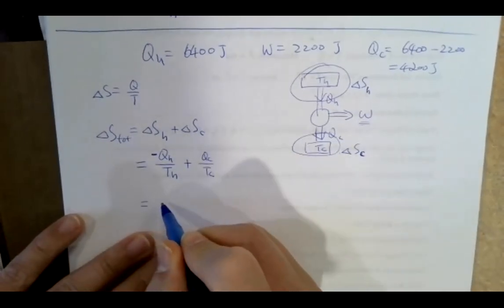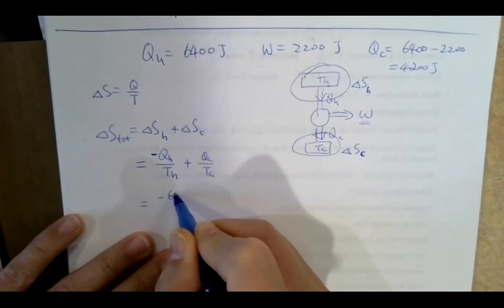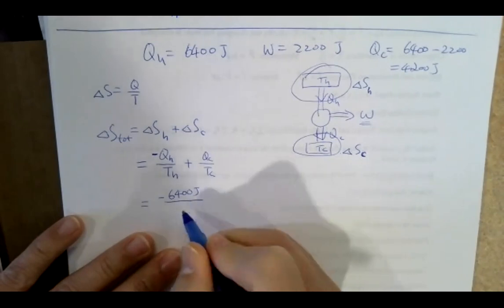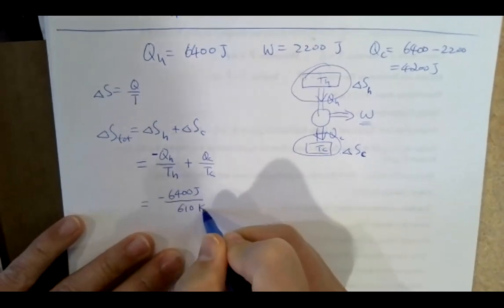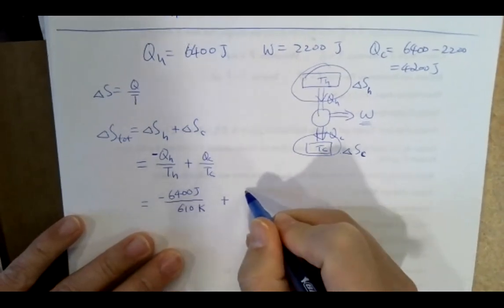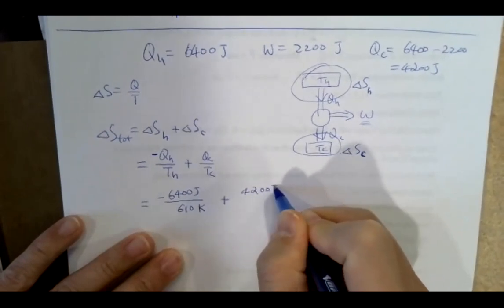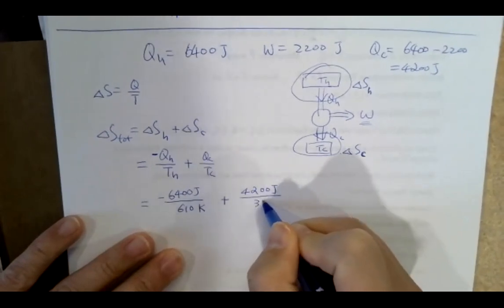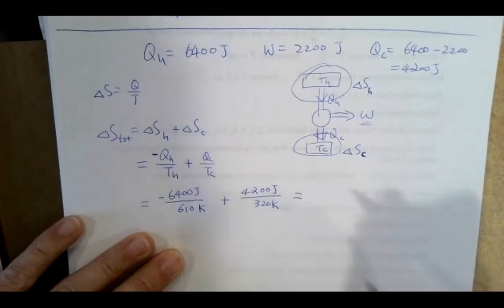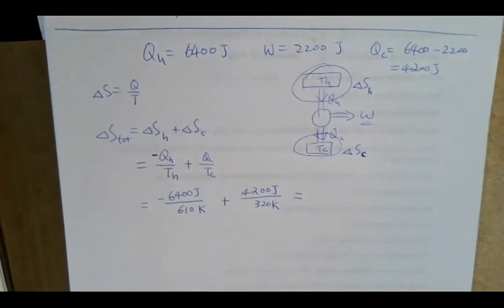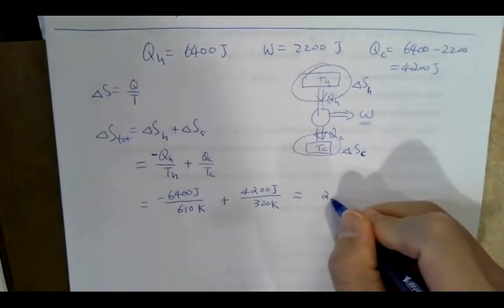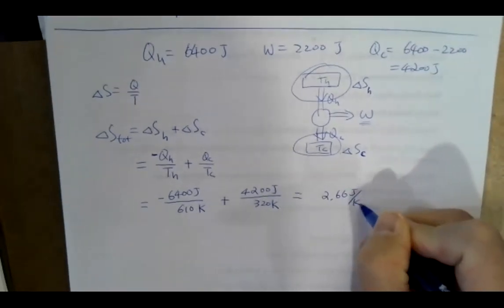So this would be minus 6,400 joules over 610 Kelvin, that's already in Kelvin, plus 4,200 over 320 Kelvin. The two add up to 2.66 joules per Kelvin.